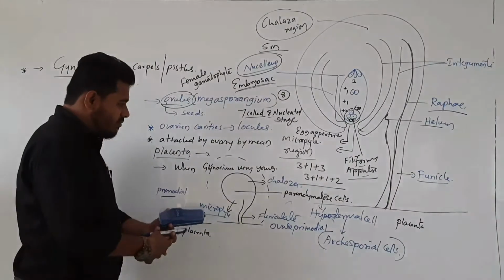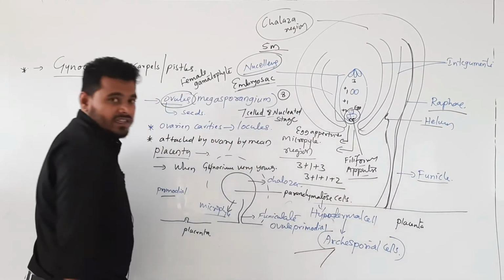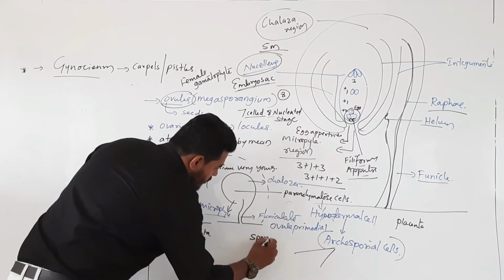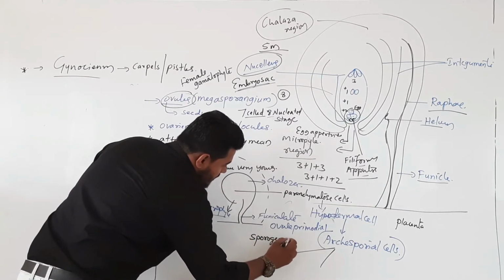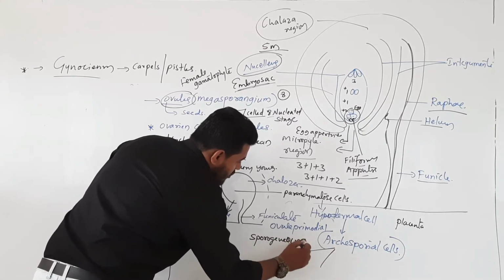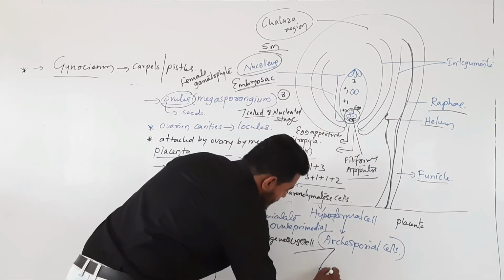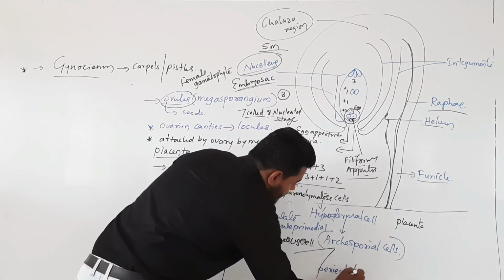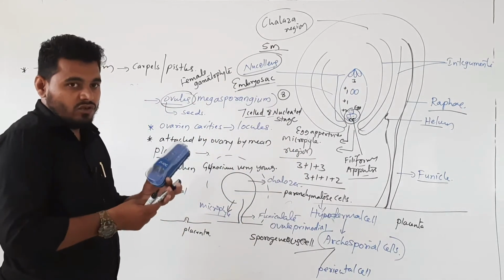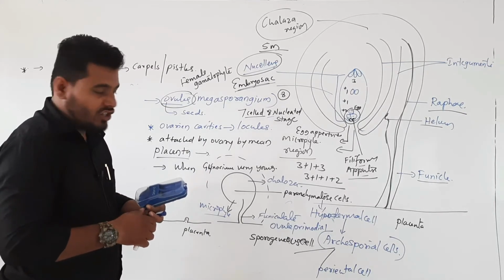These archesporial cells differentiate into sporogenous cells and parietal cells. Like in the formation of the microsporangium, the same type of cellular differentiation will occur.